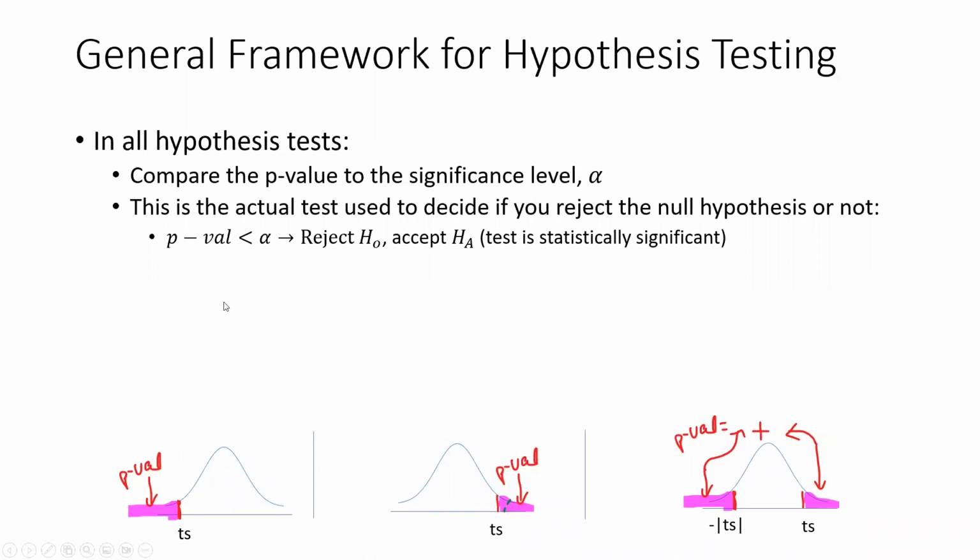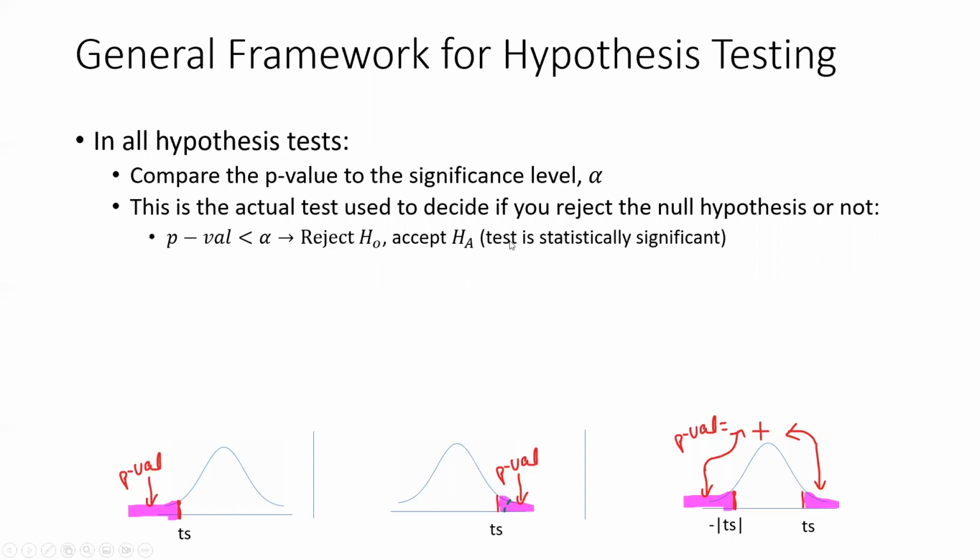Everything prior to this was setting it up. At this point, you are now going to conduct the test, because you compare the p-value to the alpha, and you decide if you're going to reject the null hypothesis or not. If the p-value is less than alpha, you do reject the null and you accept the alternative.